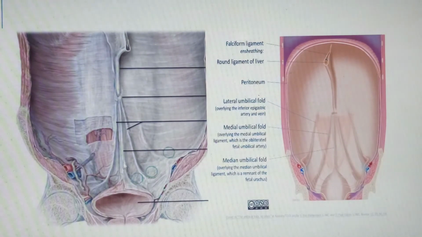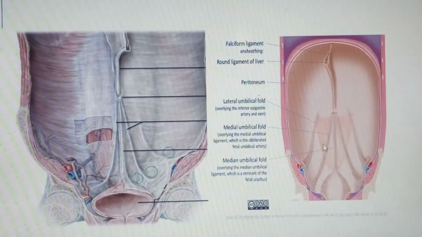Okay, urachus. But I'm moving away from this median structure. You can see there's a structure which is lateral to this median one, but very close to it. And that's exactly what we find over here. This is the median umbilical ligament.